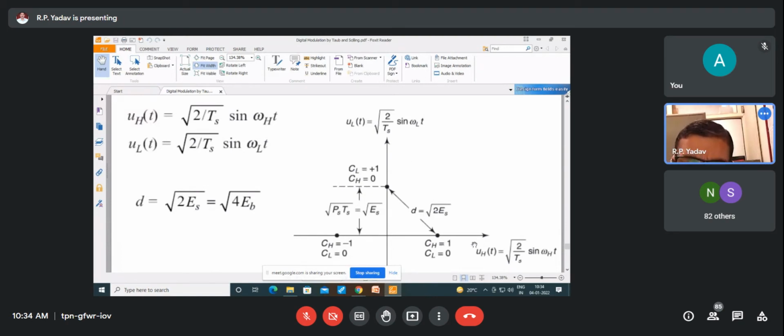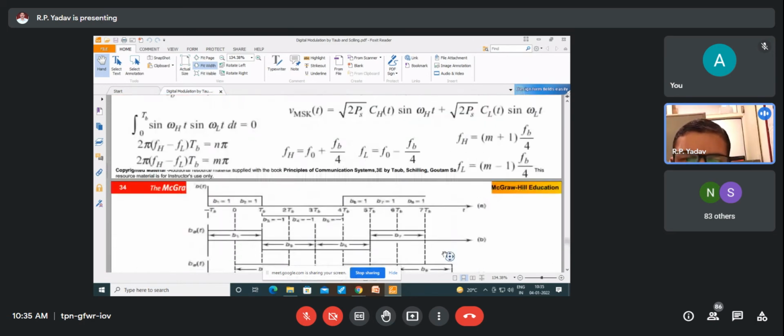Now look here on this axis, if I say that CH is equal to 1, CH is equal to 1 means what? When can it be 1? When b odd is 1 and b even is also 1. So 1 plus 1 upon 2. So CH can be 1. Similarly, if CH is equal to 1, CL will be equal to 0. Why? Because b even minus b odd, that's what the representation is.